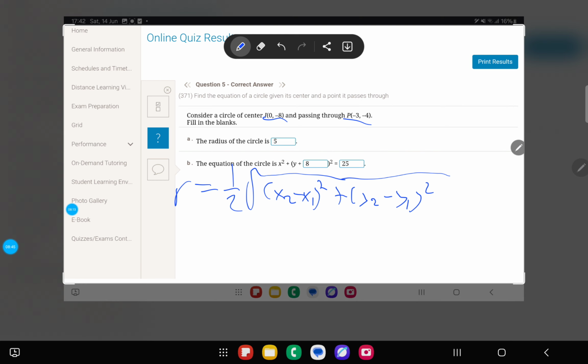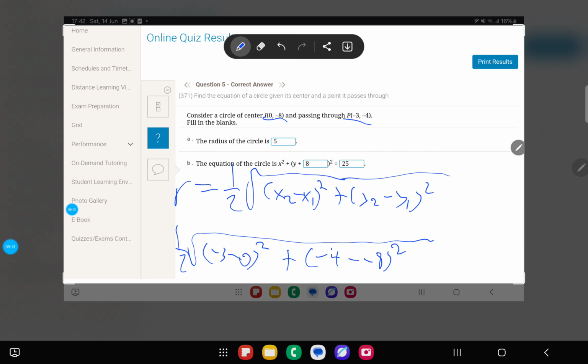Now let's substitute. 1 over 2 radical, x2 is negative 3 minus x1, which is 0, squared, plus y2 is negative 4 minus negative 8, which is y1, squared. Solve this.